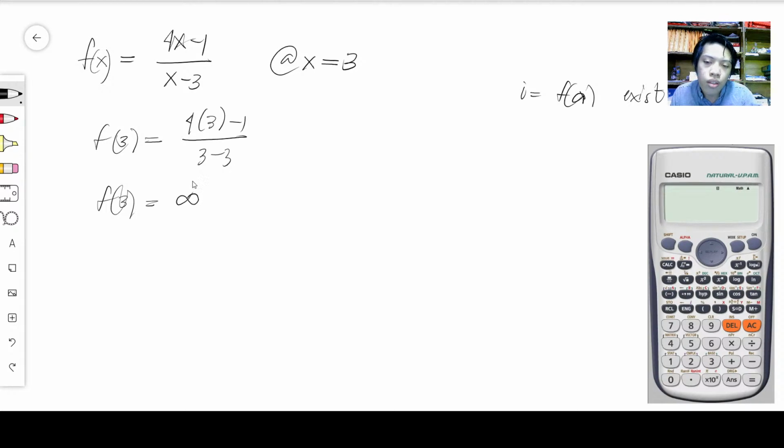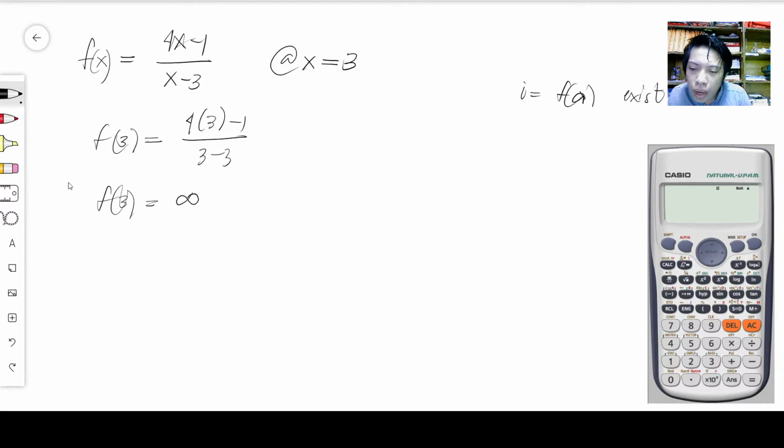Undefined. Yan. So, di siya nag-i-exist. Ibig sabihin, wrong na dayon. Ibig sabihin, this type of function is discontinuous at x is equal to 3. Ipakiana, what type of discontinuity is this? Okay.